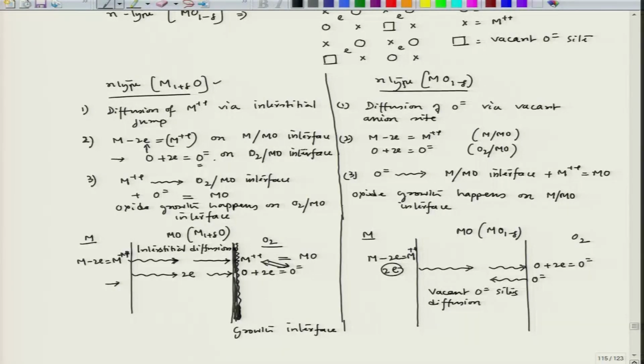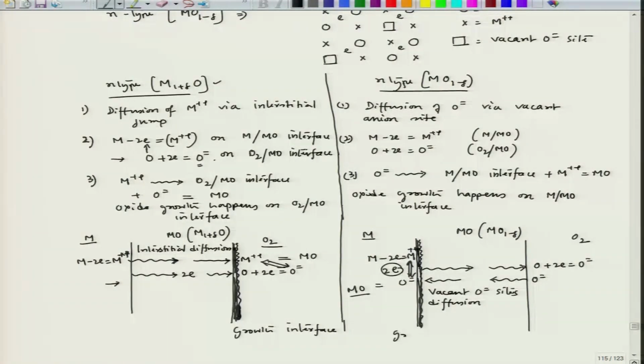So, now this oxygen ion will come here and combine with the cation and form a metal oxide. That means here the oxide growth happens on this interface.